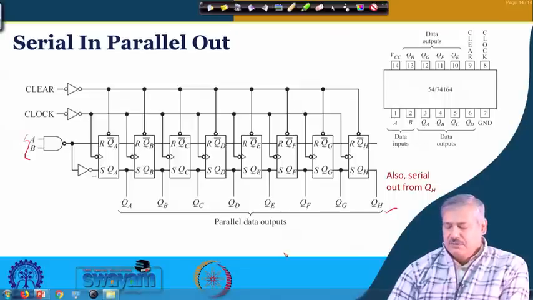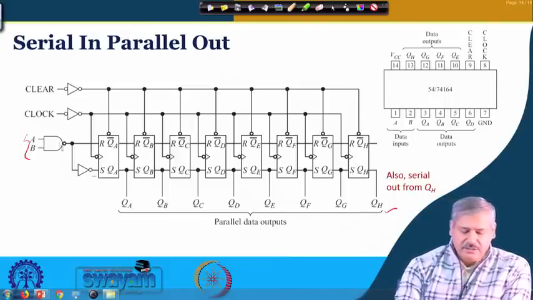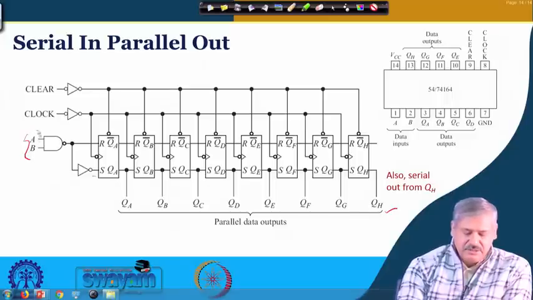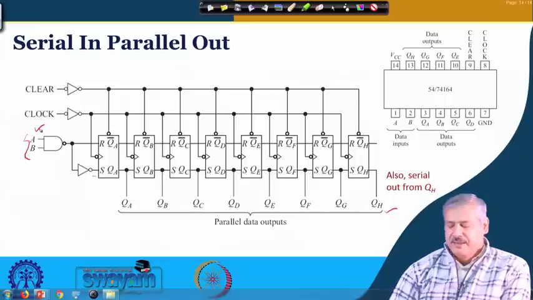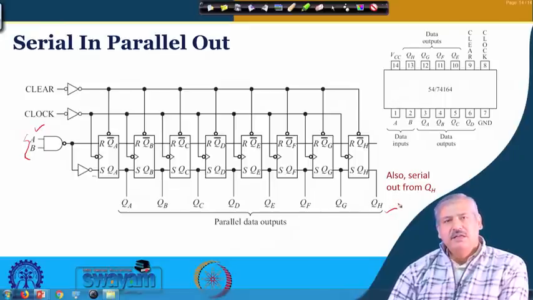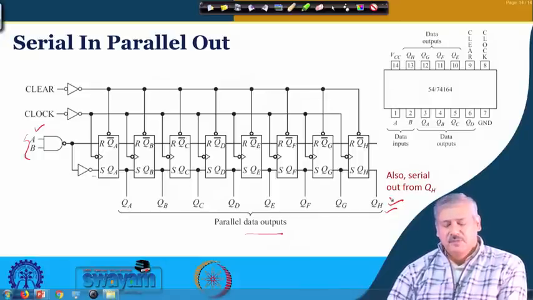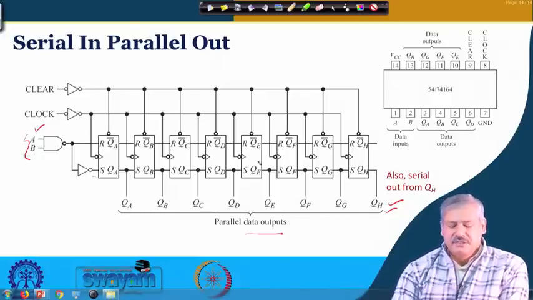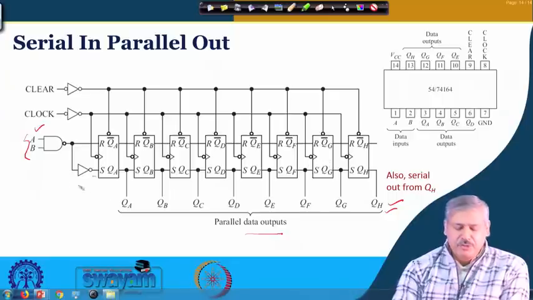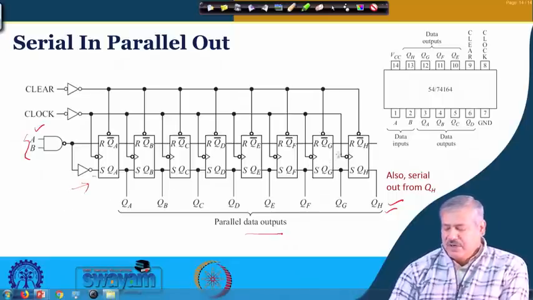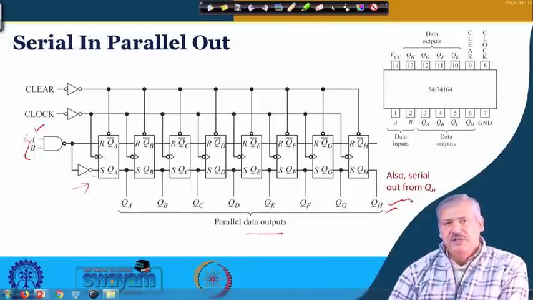Now you can understand that while this is your serial in, through one of them, you can read the data out, other than parallel data output, through QH also as a serial data out, because it is internally connected as a shift register, one is feeding the other. If you keep triggering the clock, whatever is at QH is immediately available. After that, QG will become available here.